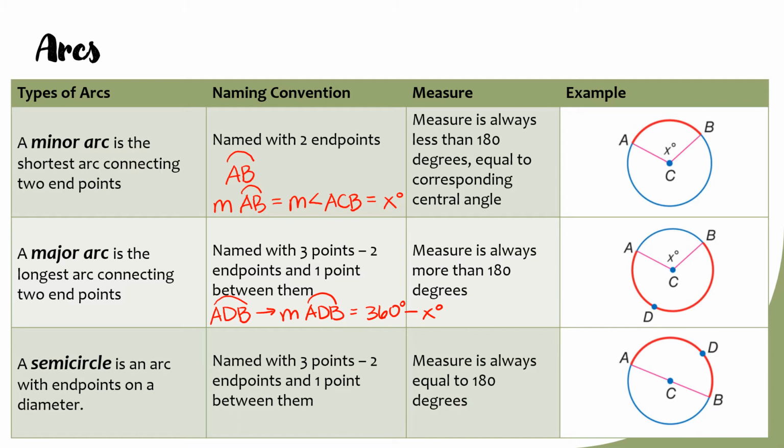So again, we're going to name the semicircle we see here arc ADB, or really we could call it semicircle ADB, but it's named in the same way with our little arc symbol. And the measure is always just equal to 180 degrees. So I might even add measure of ADB here. Arc ADB is 180 degrees.